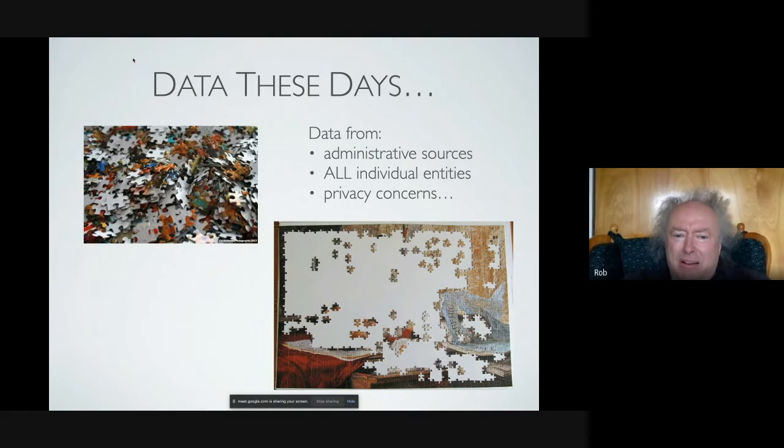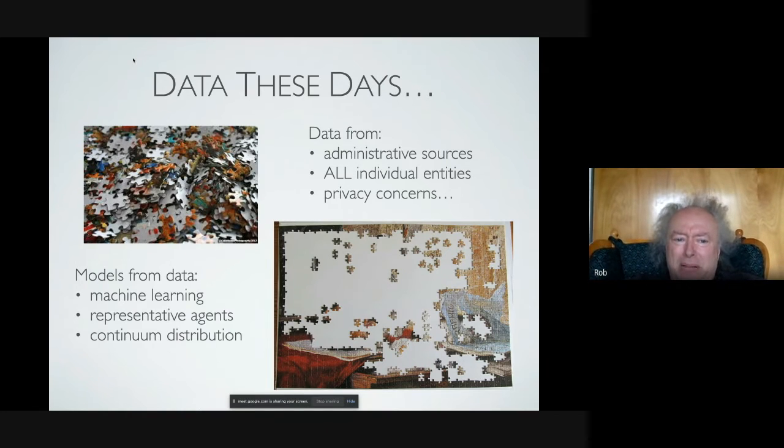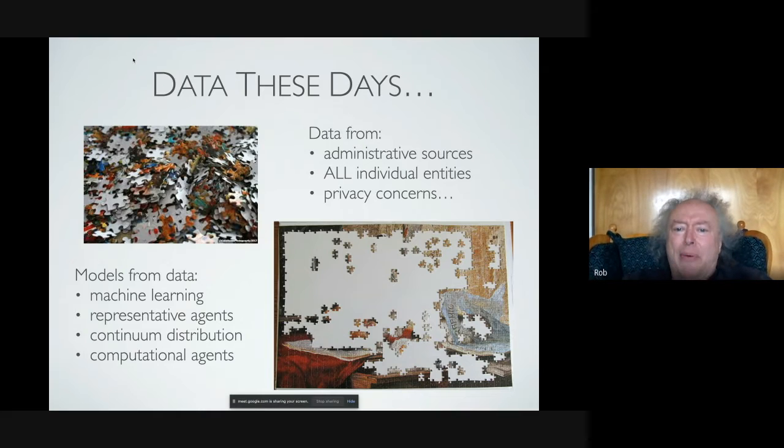We don't understand what picture we're trying to build from. So we have these different approaches to building models from data. Machine learning. In economics, we would commonly work with representative agents, and some of you will know, for example, in the big macro models that are used by policymakers like the Fed, they typically have one representative agent, not a large number of them. But today I'm going to talk about computational agents, how we can build up models of things when we have just this gigantic amount of data.